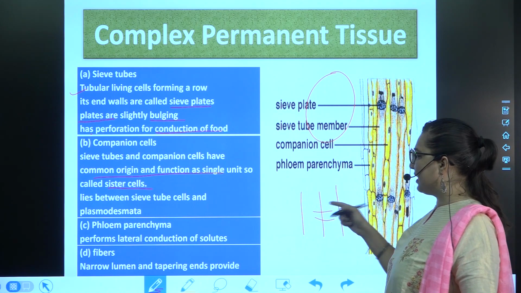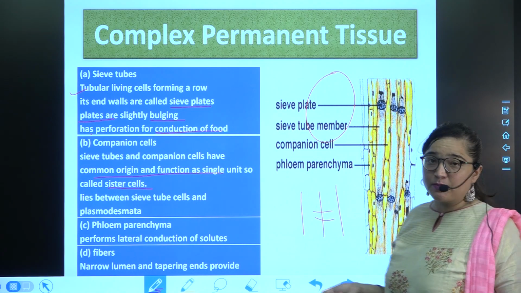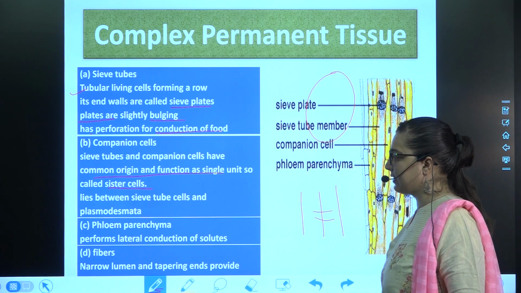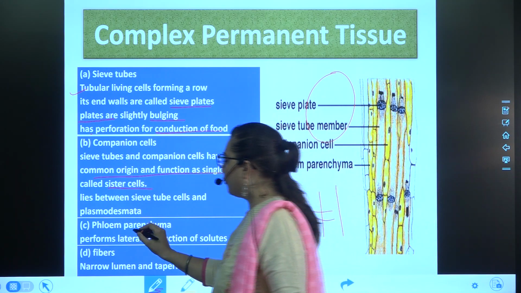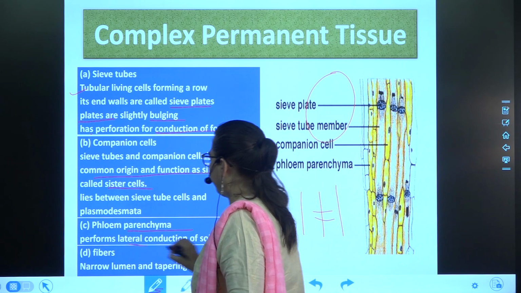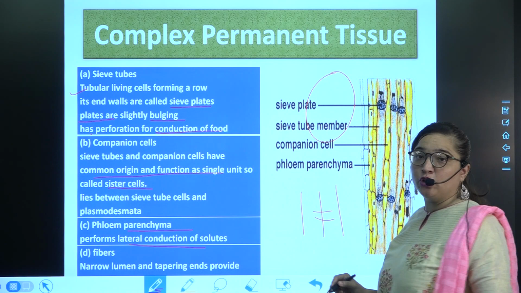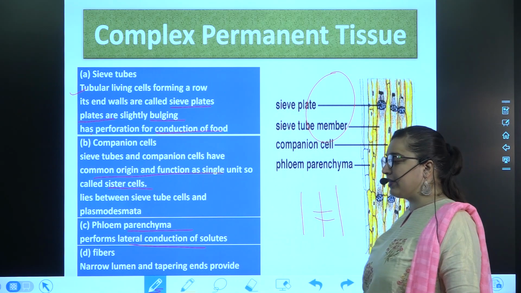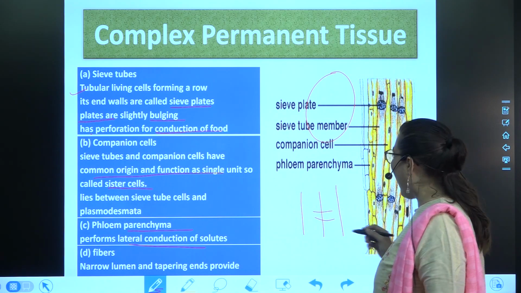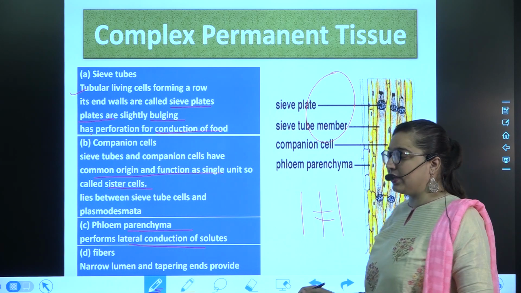So between sieve tube cells and the plasmodesmata, the companion cells are residing. Coming to the phloem parenchyma, they help in the lateral conduction of solids. Fibers have a narrow lumen and they have tapering ends. We have discussed all these things.